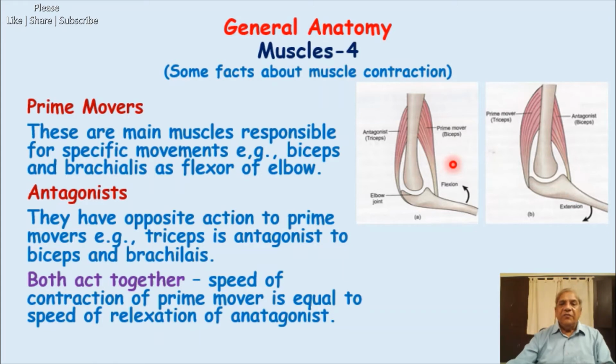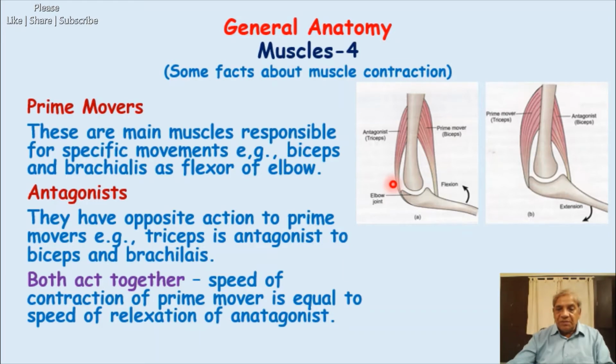Now, when this biceps muscle is contracting and bringing the ulna towards the humerus, that means bending at the elbow is taking place. This is due to contraction of the biceps muscle, and while the biceps is contracting, at the same time the opposite muscle is relaxing.